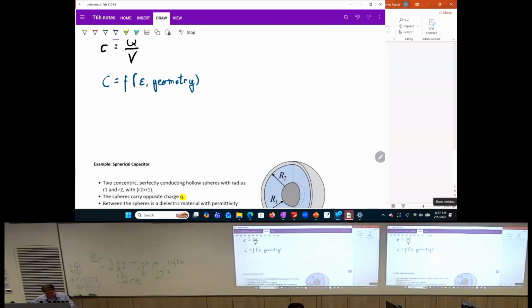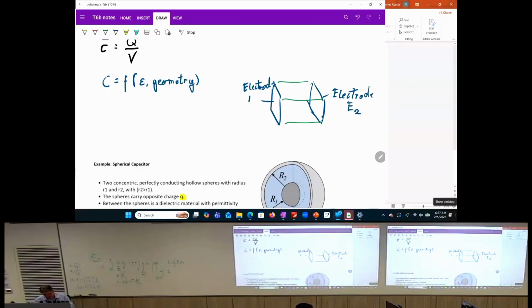If you look at the parallel plate capacitor, then you have an electrode 1, and this is your electrode 2. In between, you have some material, possibly. It can also be vacuum. It doesn't have to be material, but you can have it filled with some dielectric material, so it should not be conducting, and this has some epsilon given.